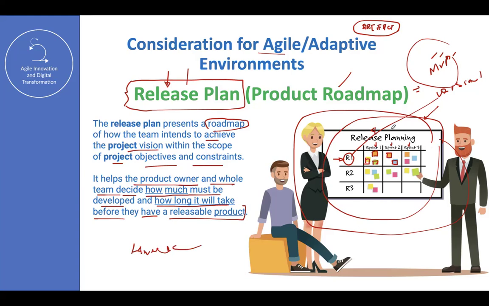So 4 weeks plus 4 weeks plus 4 weeks will be release one. How many weeks? 4 plus 4 plus 4? 12 weeks. Yes. So now you have an idea about the project duration to develop release number 1.